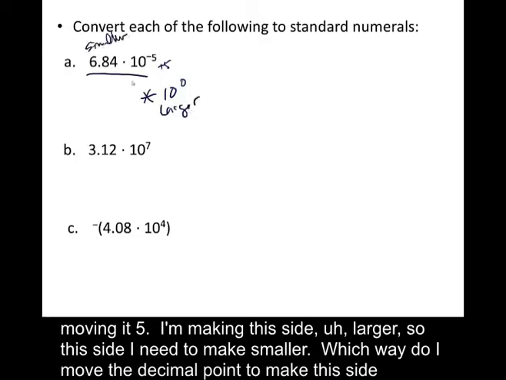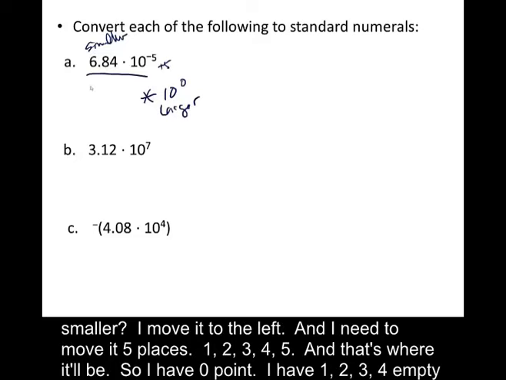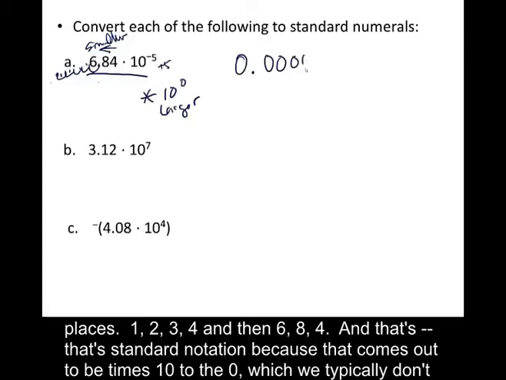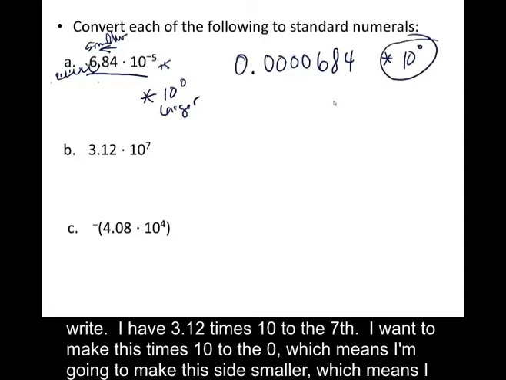Which way do I move the decimal point to make this side smaller? I move it to the left, and I need to move it 5 places. 1, 2, 3, 4, 5, and that's where it will be. So I'll have 0 point. I have 1, 2, 3, 4 empty places. 1, 2, 3, 4, and then 6, 8, 4, and that's standard notation because that comes out to be times 10 to the 0, which we typically don't write.